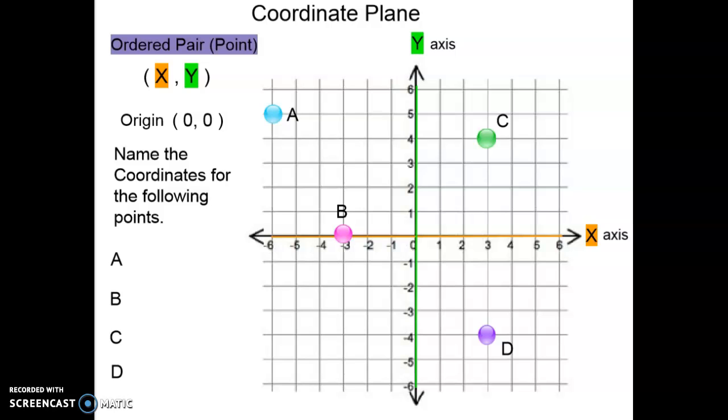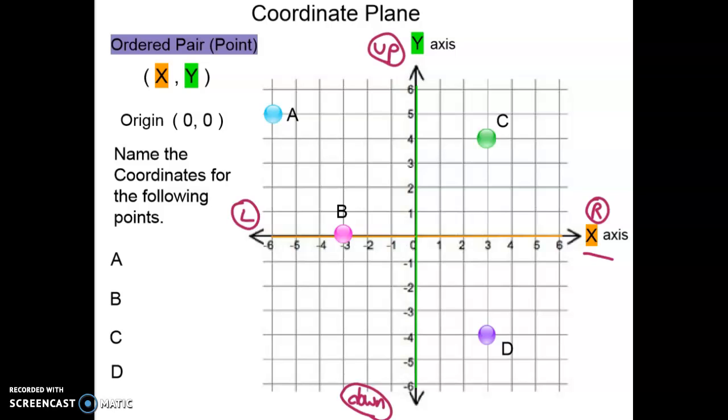Again, we have our coordinate plane, we have our x-axis, which runs to the left and to the right, which is our first set of directions. We have our y-axis, which goes up and down, which again is our second set of directions in our ordered pair.